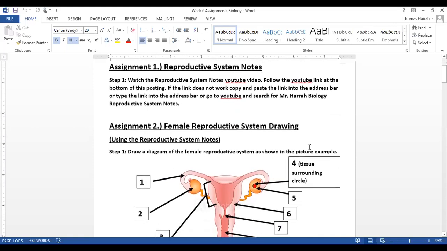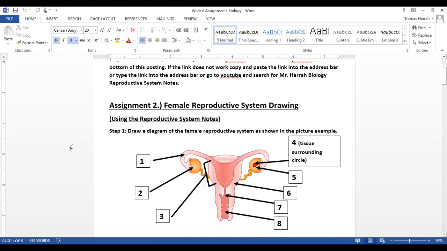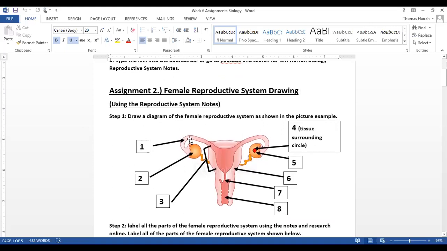Assignment 2 is the female reproductive system drawing. So now we are into the part of the human body on the reproductive system. So using the reproductive system notes that are toward the end of this video, step 1, draw a diagram of the female reproductive system as shown in the picture example. So this is the reproductive system of a woman's body.